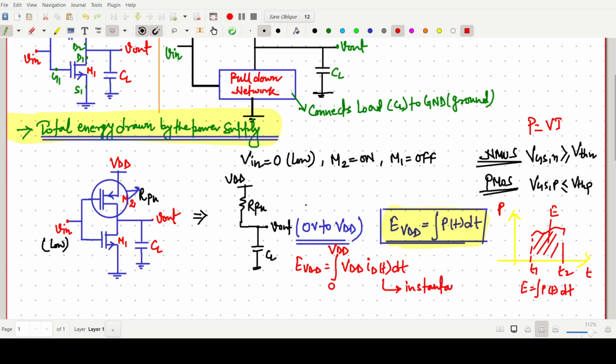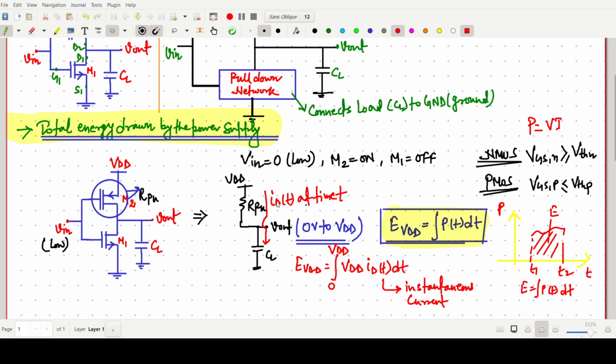instantaneous current will flow in this one. So this current, instantaneous current at time t, the power will be VI.